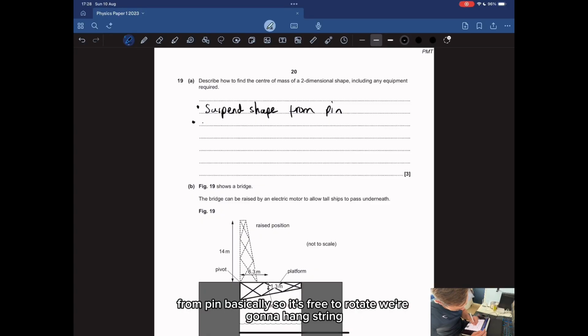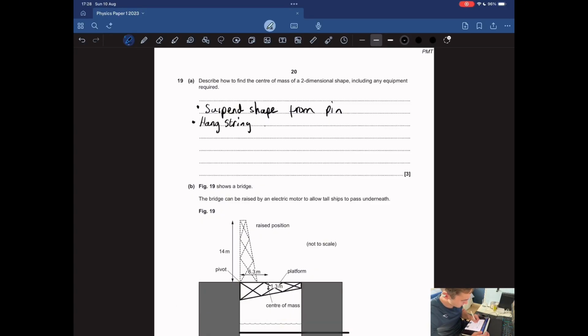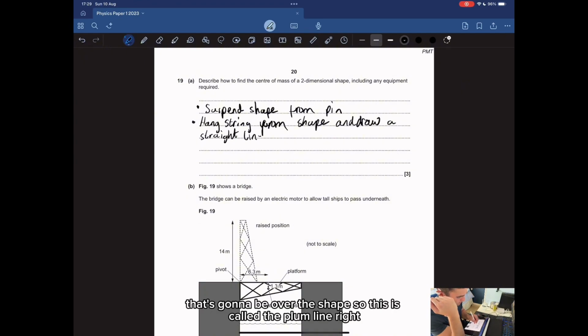We're going to hang a string from the shape, and draw a straight line over the shape. This is called the plumb line, right?